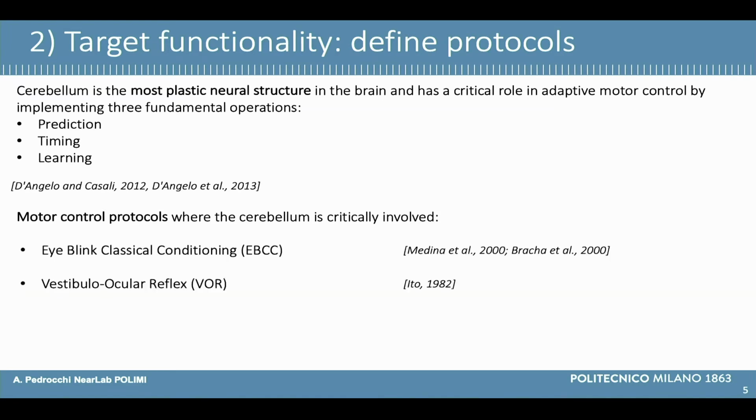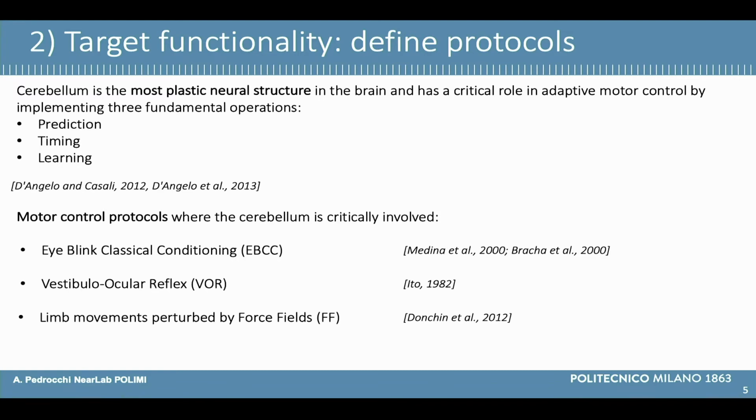So, three main stories about protocols are in the cerebellum community. One is about eye-blinking classical conditioning, so a pure timing association. Then we have seen a lot of examples about vestibulo-ocular reflexes this morning.